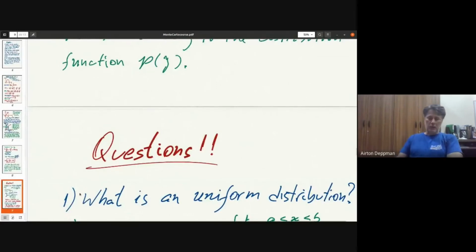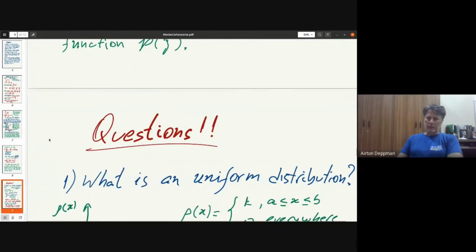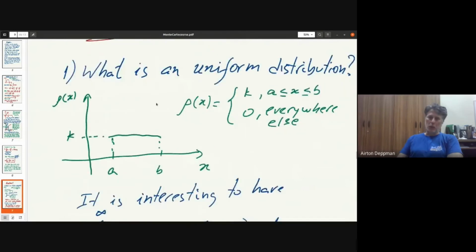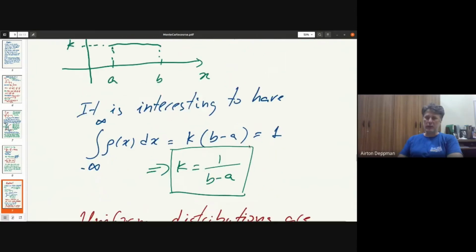So probably you have a lot of questions about this theory. One may be, what is a uniform distribution? So a uniform distribution is a constant distribution in some range. Of course, you want to normalize it some way, so this constant must be equal to 1 over b minus a in this range.